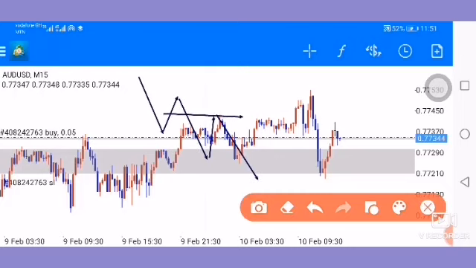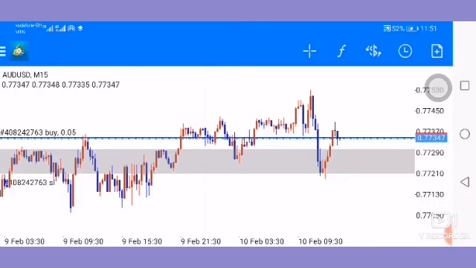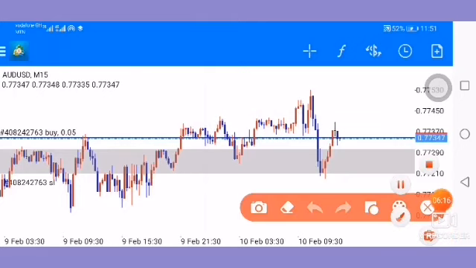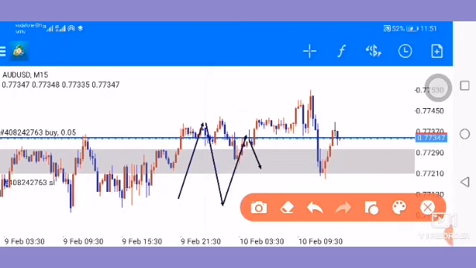In a downtrend I will be looking for selling opportunities. But where I'm seeing equal price like this, equal high, equal low, equal high, equal low, I don't trade that market condition.